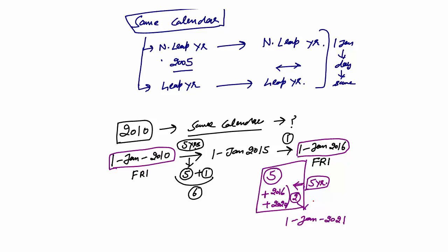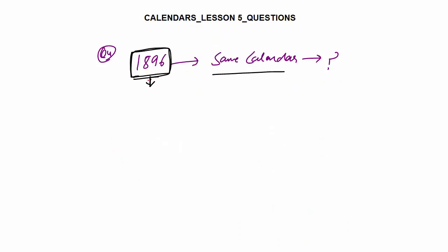So 2 more odd days, so total 7 odd days means 0 odd days, and this is also a non-leap year. So 1st January 2021 is the same as 0 odd days, meaning it will also be a Friday. Now it means that the 2010 calendar will match with the 2021 calendar.